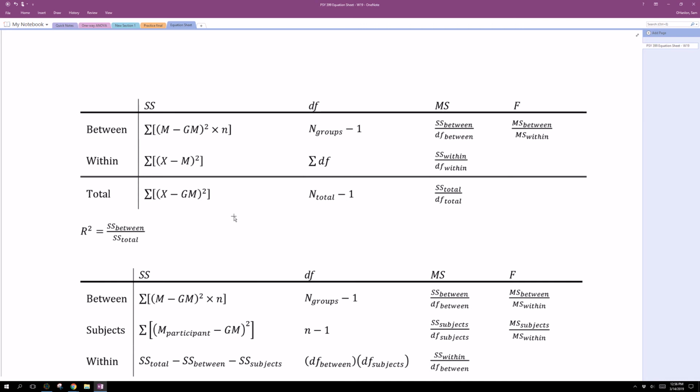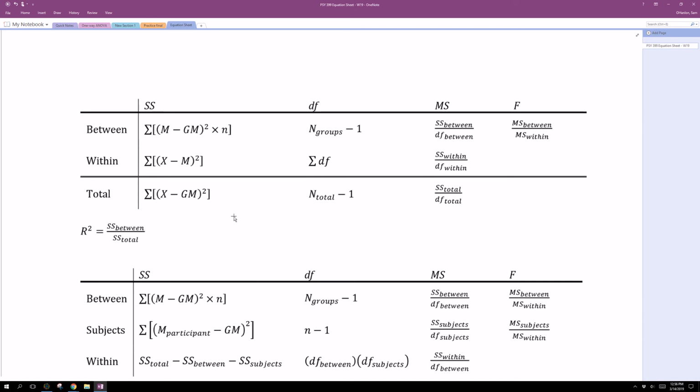So to get the regular mean, you add up all the scores and divide by the number of scores. To get the grand mean, you add up all the means and divide by the number of means, right? So it's the mean of means. Now, this direct approach only works if all of your samples are the same size. If they aren't, then you have to take a weighted average of the means.